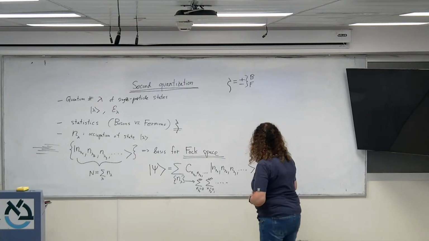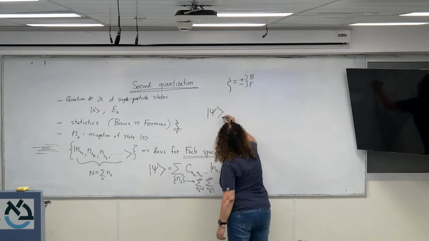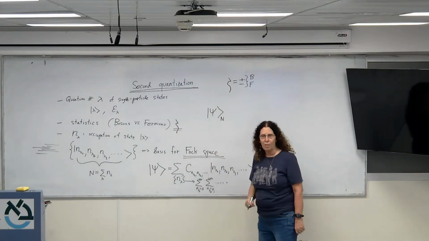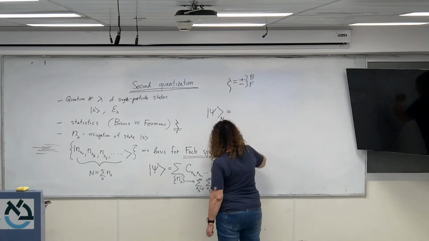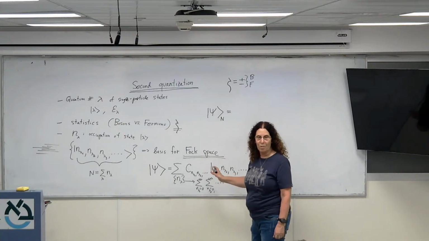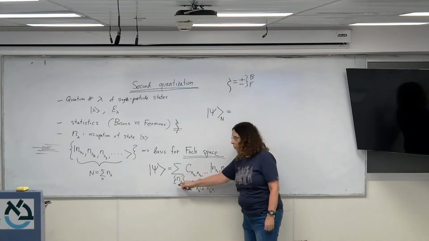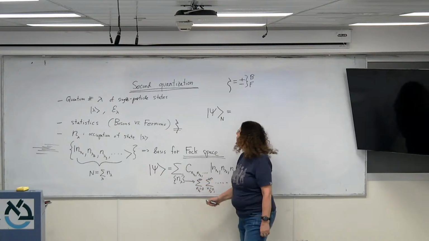But I can also write a wave function that does have a well-defined, fixed number of particles n. And how is it going to look? Exactly the same, except that when we sum over occupations, we put a constraint on the sum. Okay?